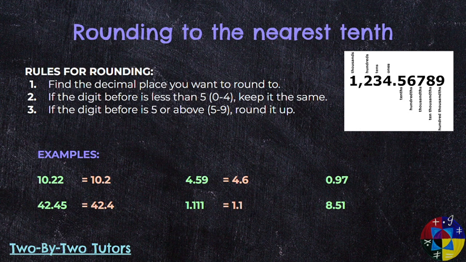Looking at the fifth example, 0.97, the digit in the hundredths place is a 7, so the final answer would be 1.0. And then finally 8.51, the digit in the hundredths place is a 1, so the digit in the tenths place stays the same, and the final answer is 8.5.